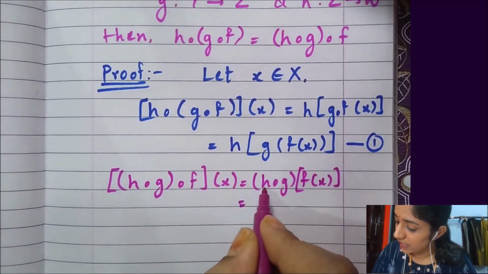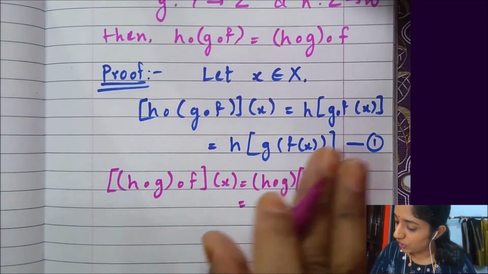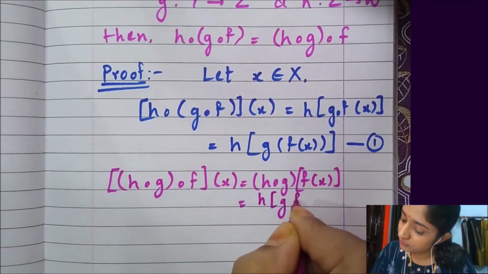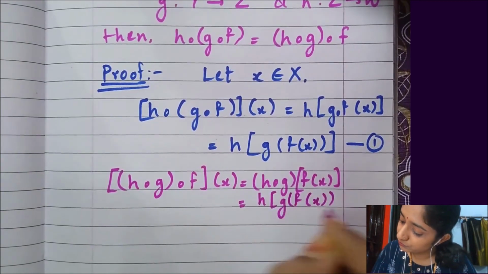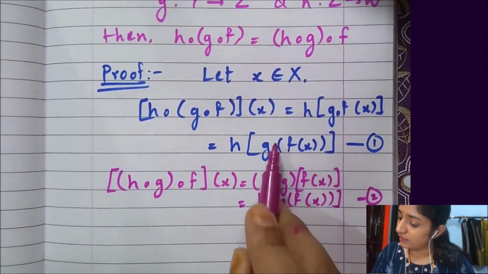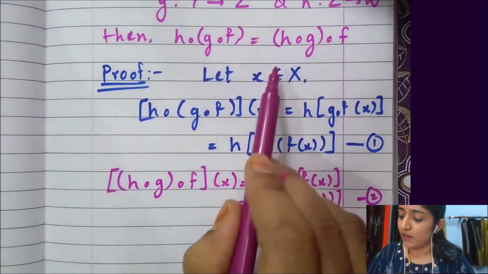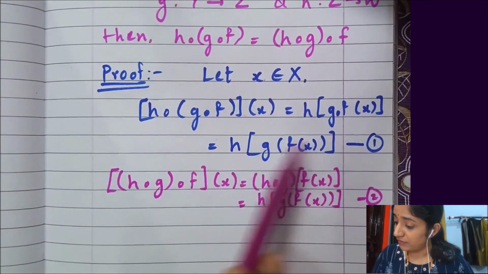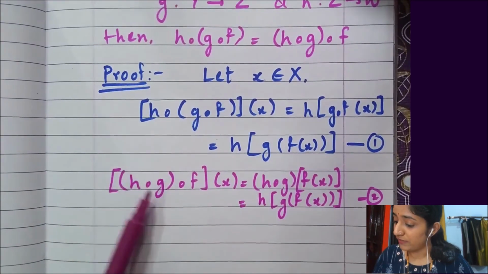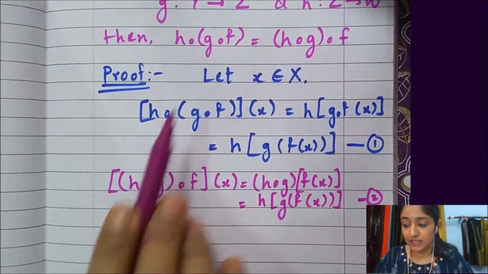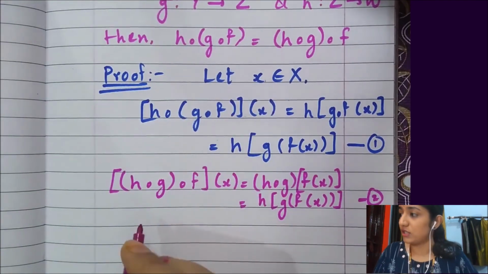And when I say h circle g is working on something, I mean h is working on g of that value. And see, the right hand sides are exactly the same for every x in X. In fact, from equations 1 and 2 the left hand sides are the same, and if on each element of X these are equal, then as functions they should be equal.